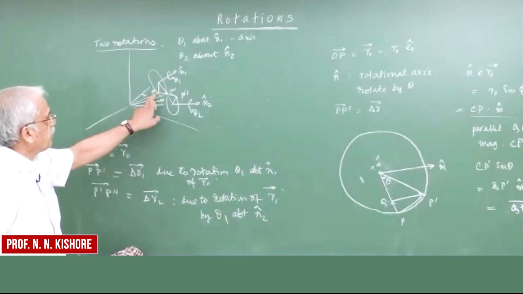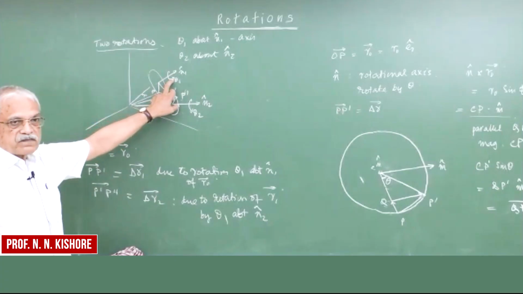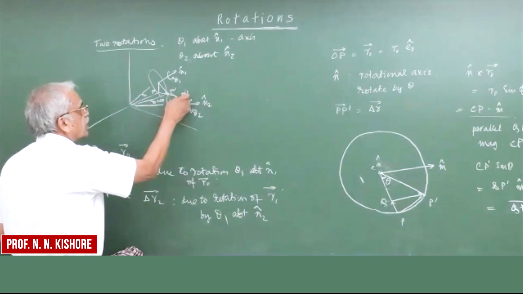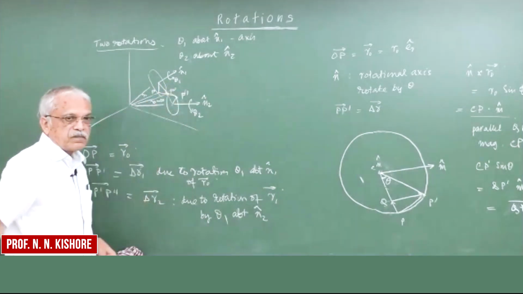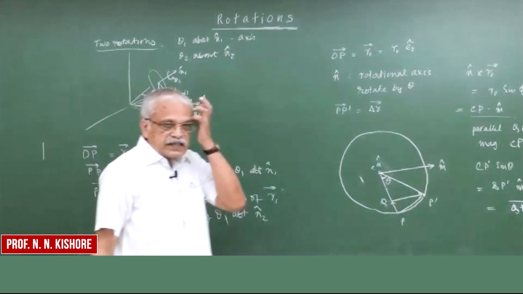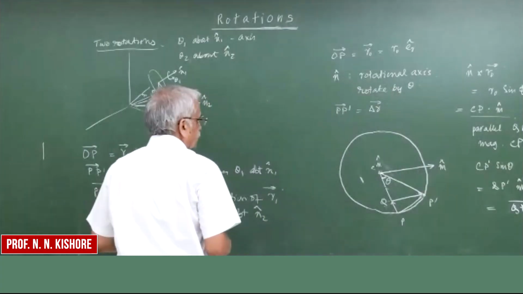One rotation: P has become P prime by a rotation of theta 1, and after that the same point P prime has moved to P double prime by a rotation of theta 2 about N2.